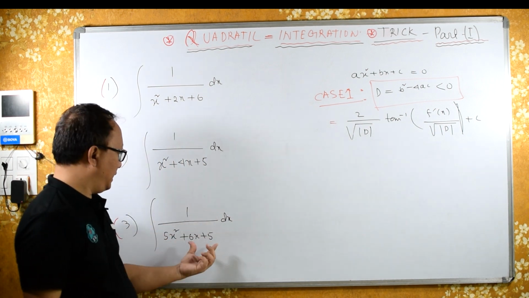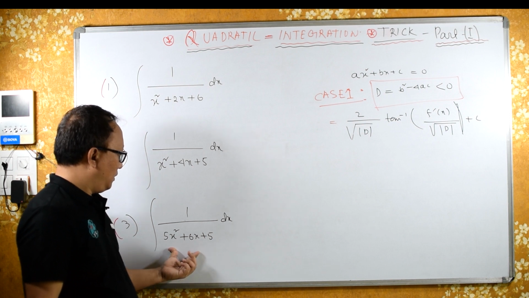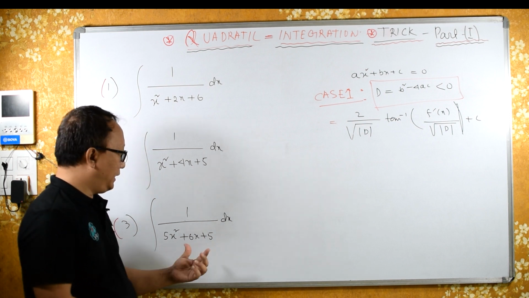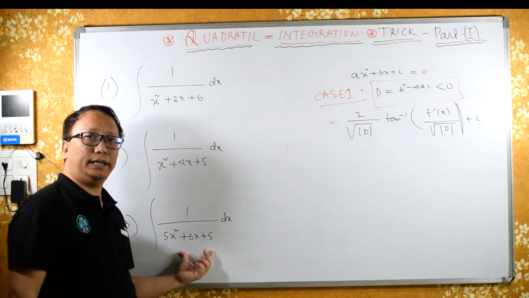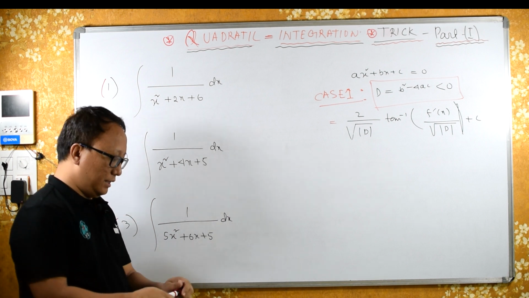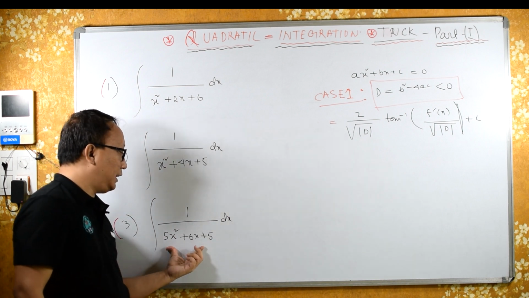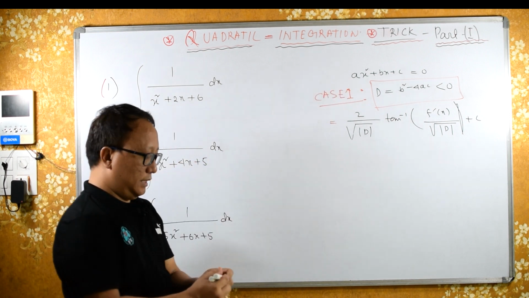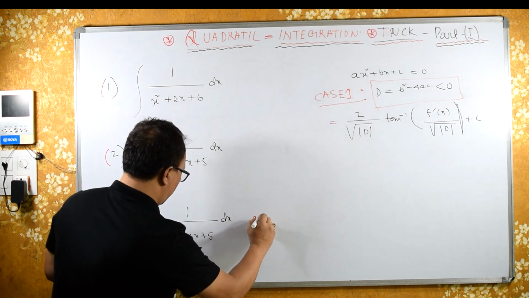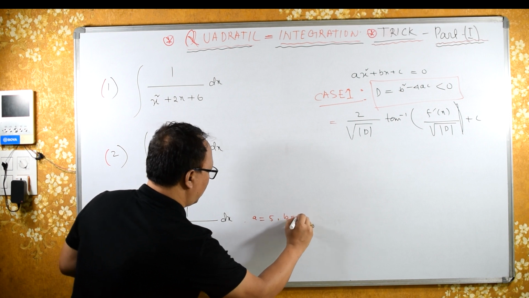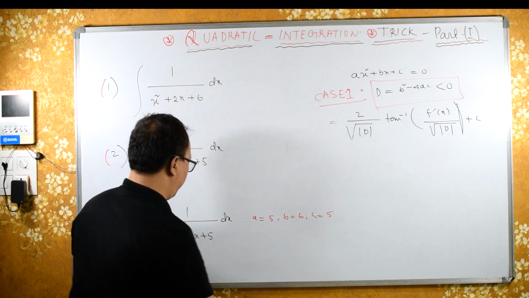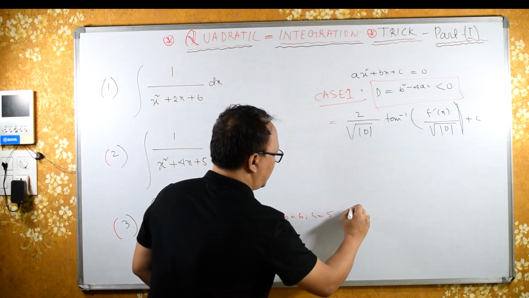Now the given integral is this. We need to check whether this discriminant D is less than 0 or greater than 0. Let's compare this quadratic equation with the standard form. Here a is 5, b is 6, c is 5. Now what is D?